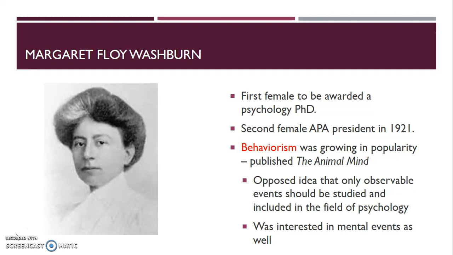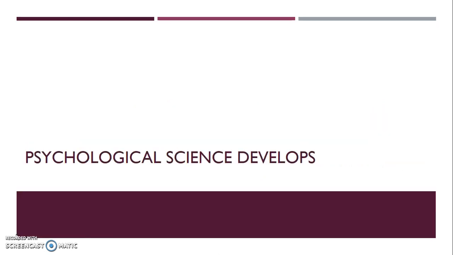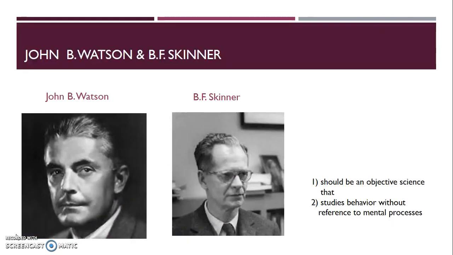We have to study the things that we can't see as well. And so eventually all of this leads into experimental psychology, the study of behavior and thinking using the experimental method. So psychological science develops with experimental psychology.